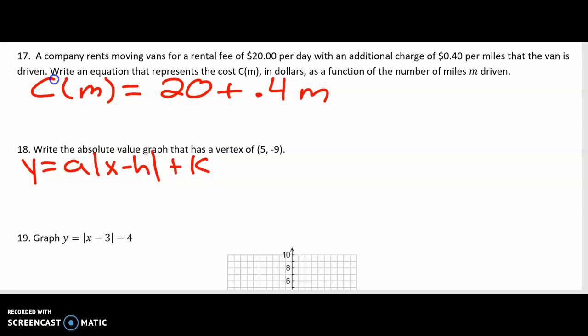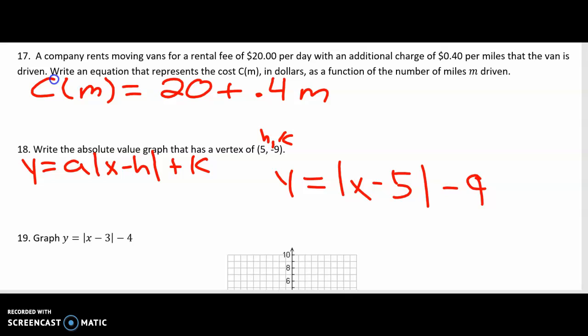Really quickly, we've been working with h and k all the time. h and k is our vertex, and we're always talking about (h, k) right there. If they don't give you any information about a, we're just going to assume it's 1. So we have y equals the absolute value of x. Remember, h should always be the opposite of what's going in there. I see a positive 5 up there, so it better be a negative 5 in here. And then finally k is negative 9. There we go, done. Nothing else to do with that.